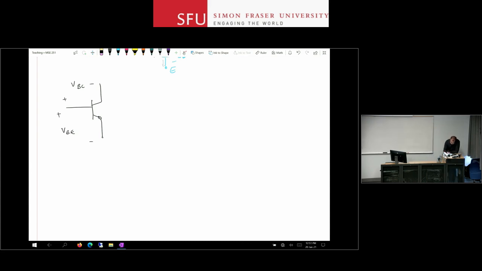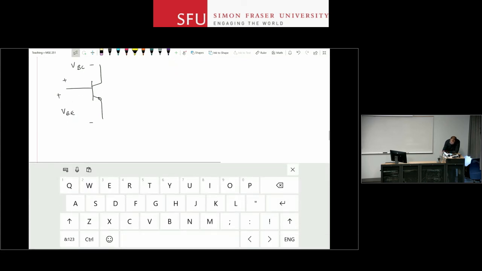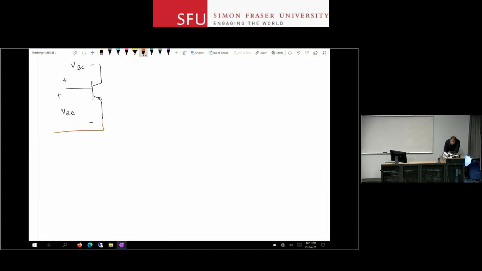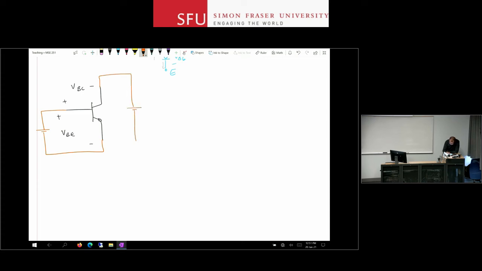So between the base and emitter, I put a voltage source here, whose value is VBE, and between emitter and collector, I put another voltage source here. So this is VCE. Okay?